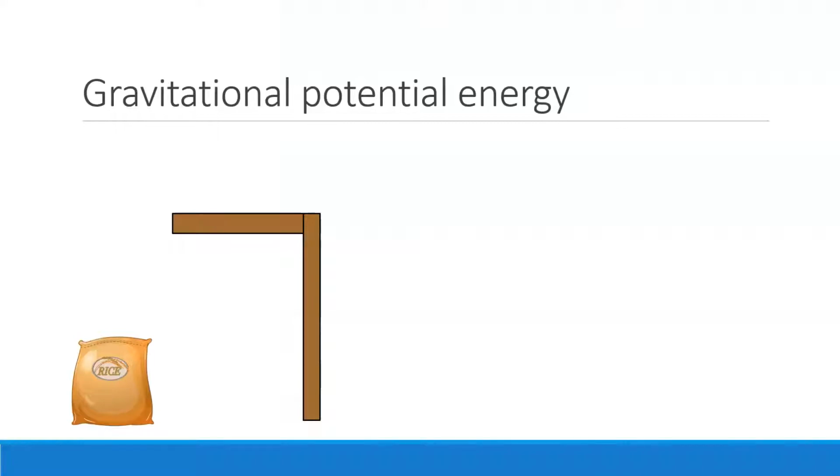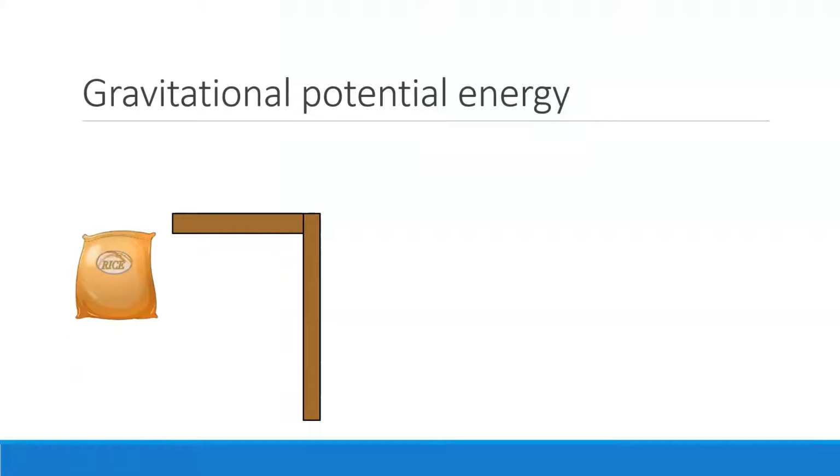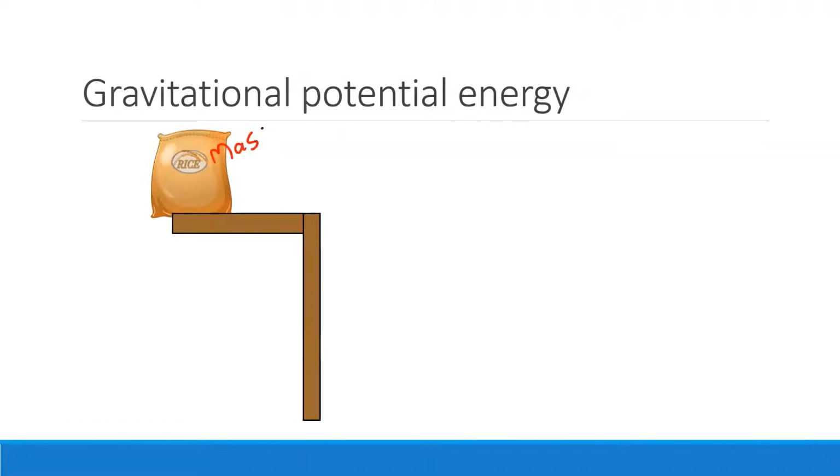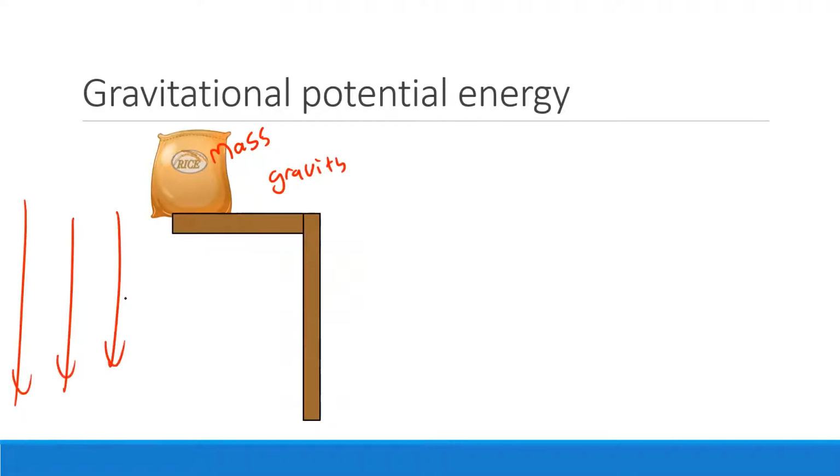If you remember yesterday, I asked an attendance question where I said, if you take a bag of rice and move that bag of rice up onto a shelf, how much work is done? The best way to calculate that is to use the mass of the rice, and we can use the gravitational acceleration, because the rice is getting pulled down by gravity.